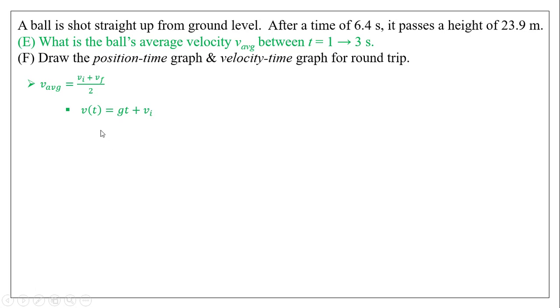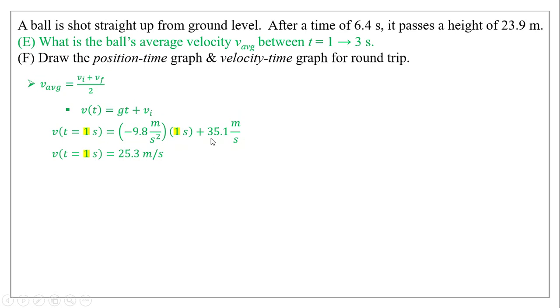Well, I can find vf super fast. Well, vf is just g times t plus vi. Here, instead of vf, I just wrote v of t because v of t and vf are the same notation. I know what g is. Here, my time is 1 second. I want to add that to the 35.1 because that's my initial velocity. So I can find the velocity at 1 second super fast, 25.3, okay?